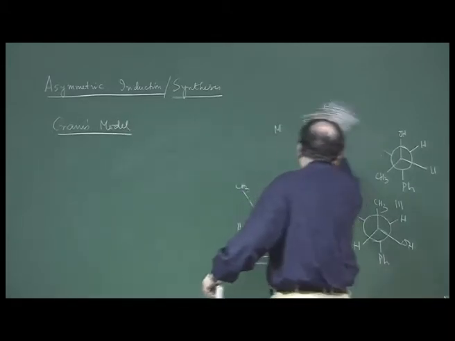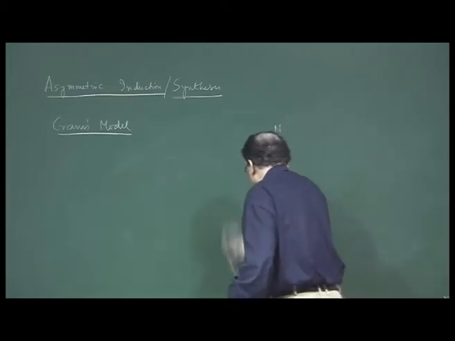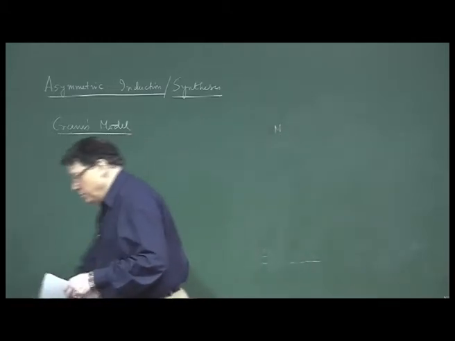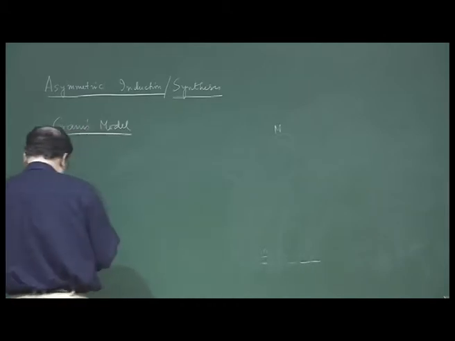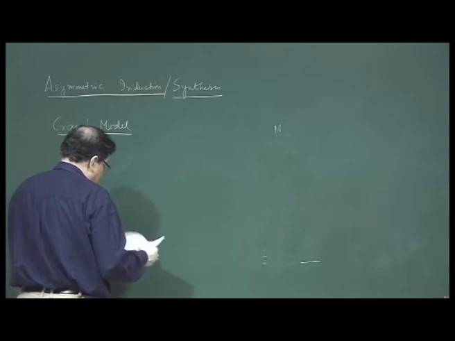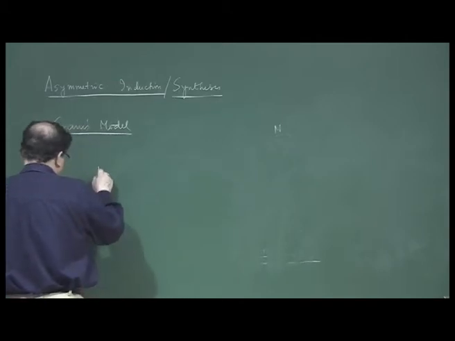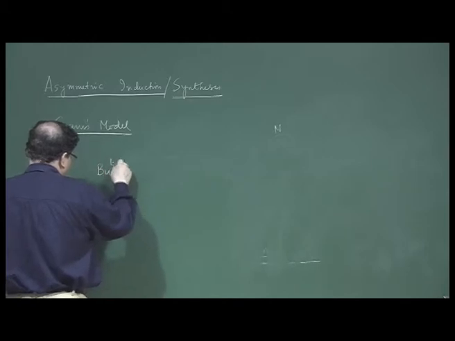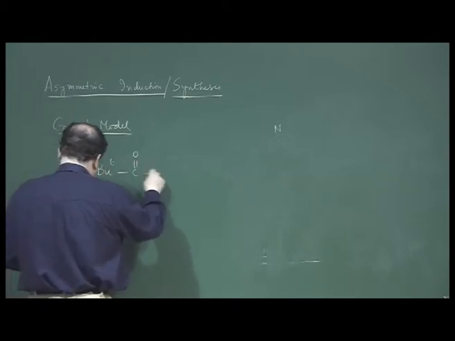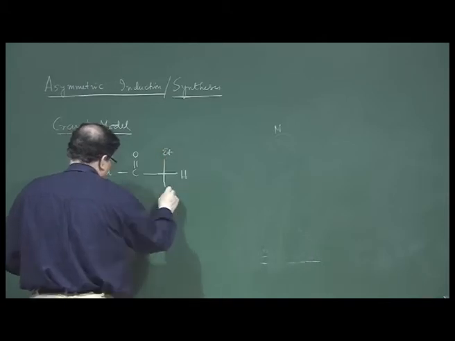Now, if you take the chelation model, suppose I have this tertiary butyl CO and then hydrogen, ethyl and chlorine.